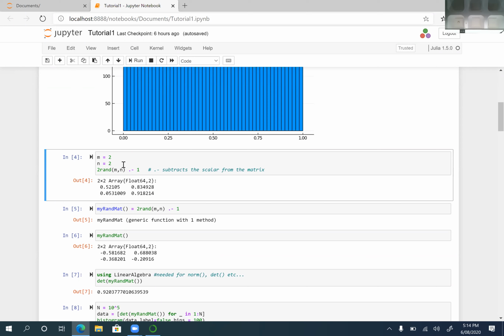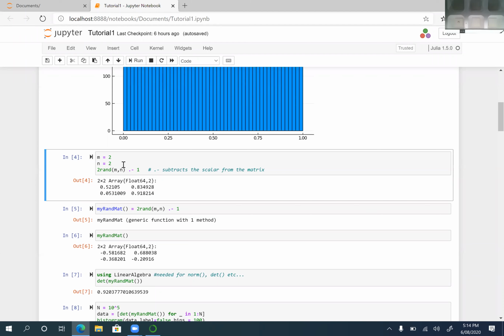Focus first on rand. So we've got rand, round bracket, m comma n. That would generate an m by n matrix with random numbers in it from 0 to 1. Okay, but since in this example what we want is to generate a random matrix, I think, with entries between -1 and 1.